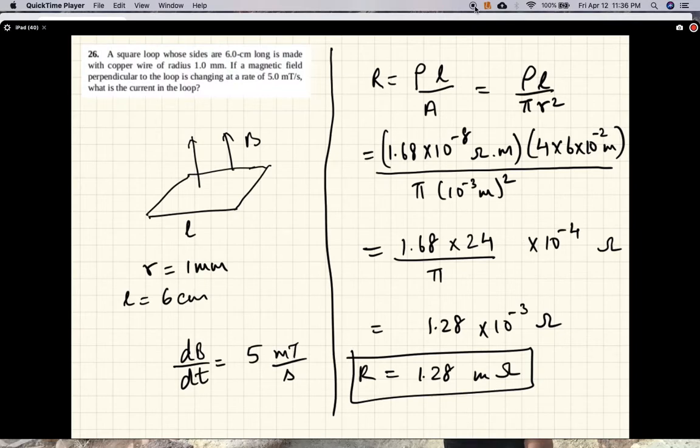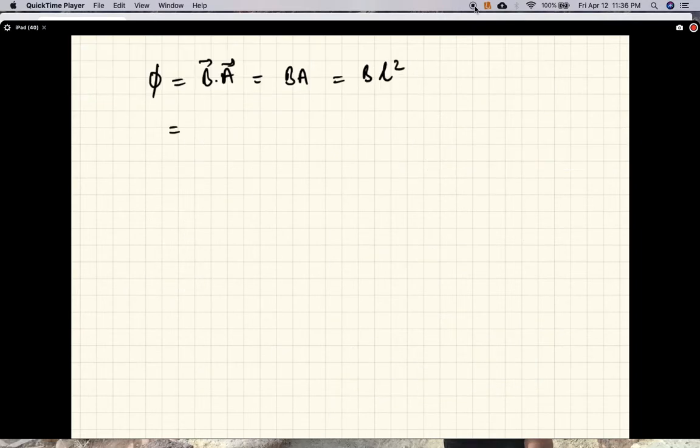The flux is B dot A, and since B is perpendicular to the loop, B and A are parallel to each other, so this is B times A, which equals B times L squared.